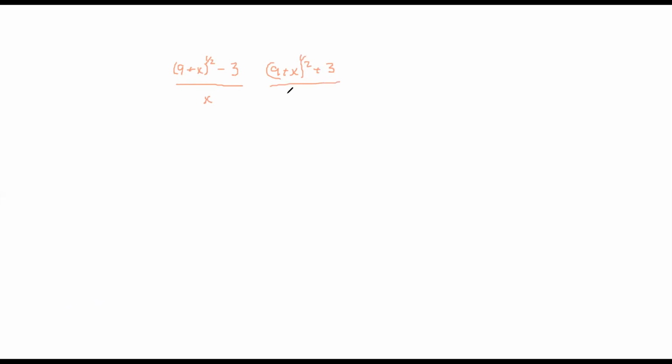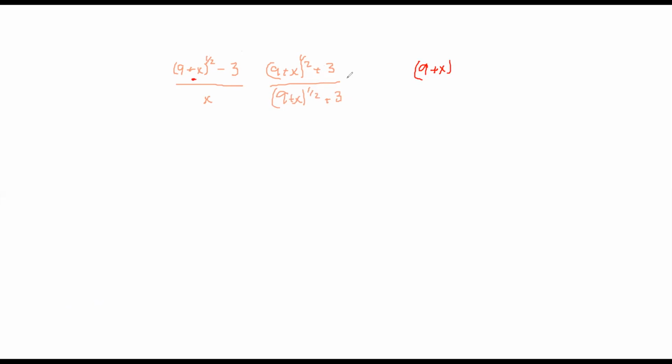So what we're going to do here is basically just FOIL it. We're going to have 9 plus x to the half times to the half. So that's 1/2 plus 1/2, rules of exponents. Or we can just think of it as square root times square root is equal to the actual number. So we have 9 plus x, and that's our first chunk.